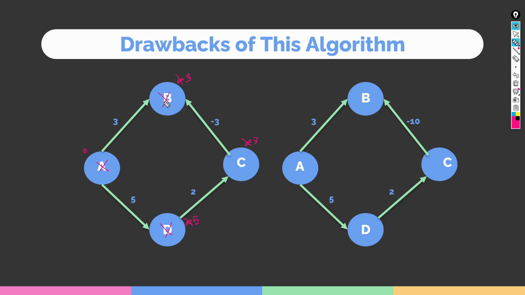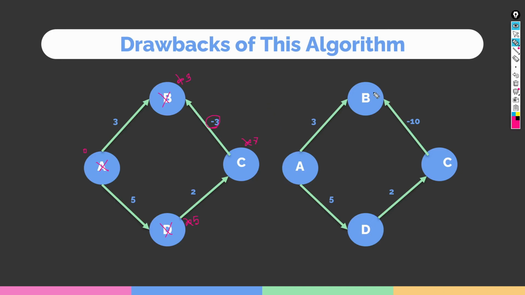From A to B the shortest distance is 3. Is it right? 5 plus 2 is 7, 7 minus 3 is 4. So yes, 3 is the correct answer. From A to D it's 5, A to C it's 7, all are right. So even if there was a negative edge, it was giving us the correct answer, right?